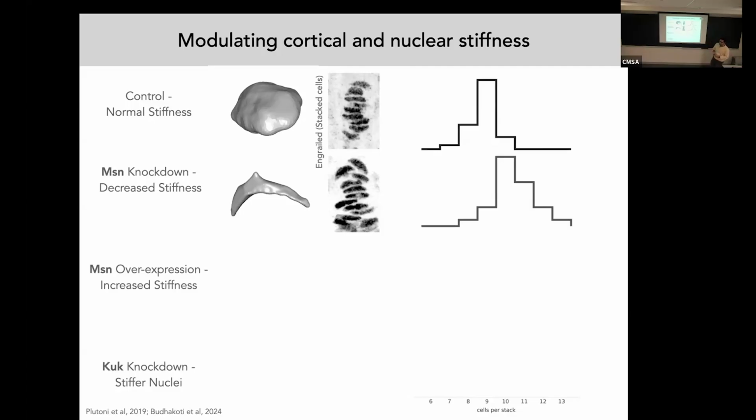Yes. Are there fewer total stacks? We're actually quantifying that right now. From the larval stages, we don't see a big change in the number of stacks, but we are doing it at scale right now to have a distribution for each ovary, essentially.